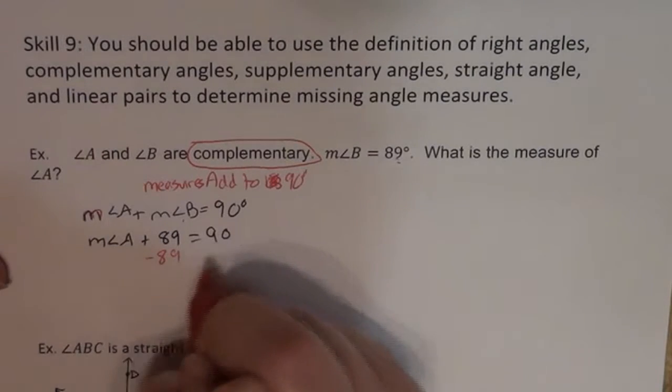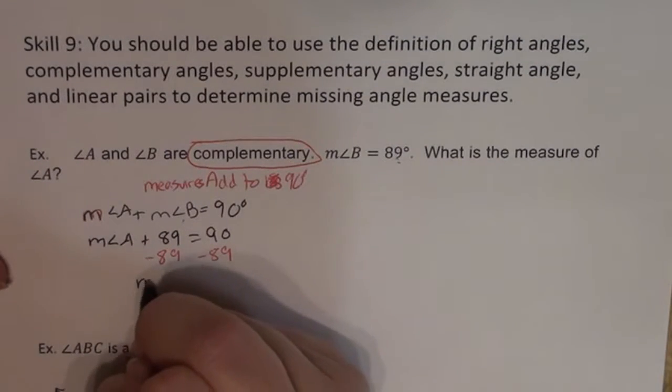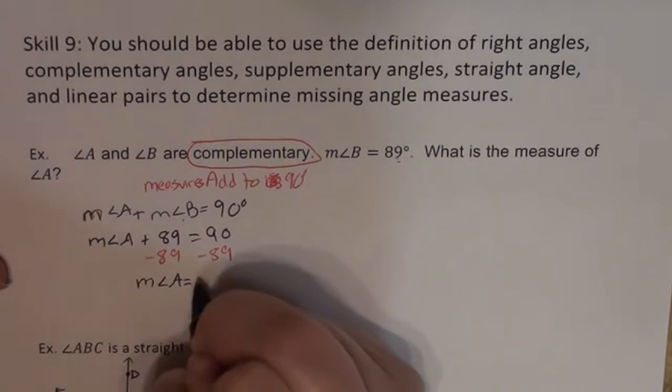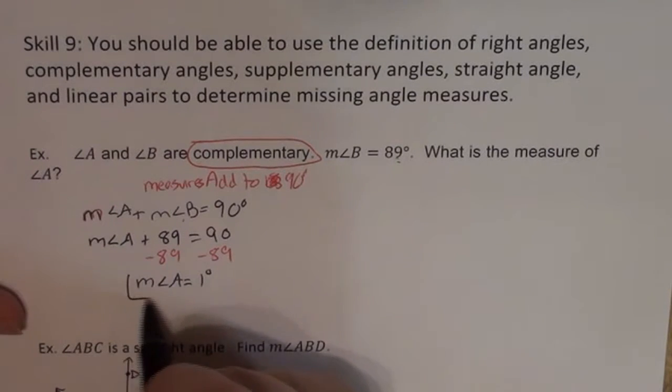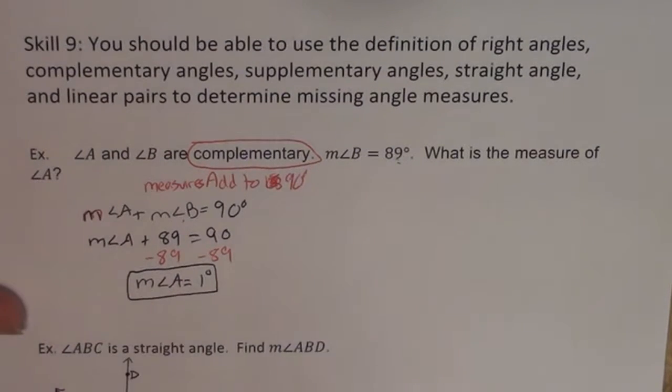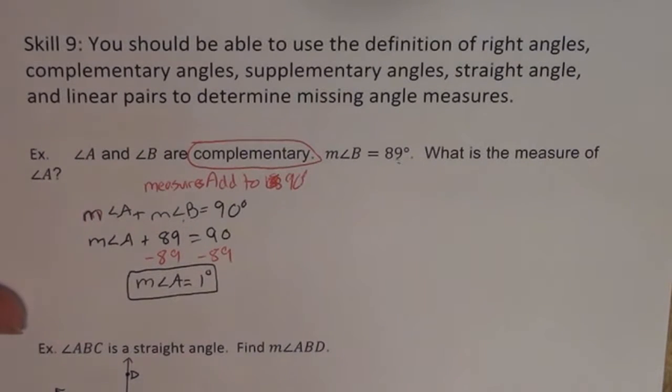Subtract 89 from both sides, and you actually end up with the measure of angle A equals 1, and then the units for angle measures, degree. Complementary means they add to 90 degrees.